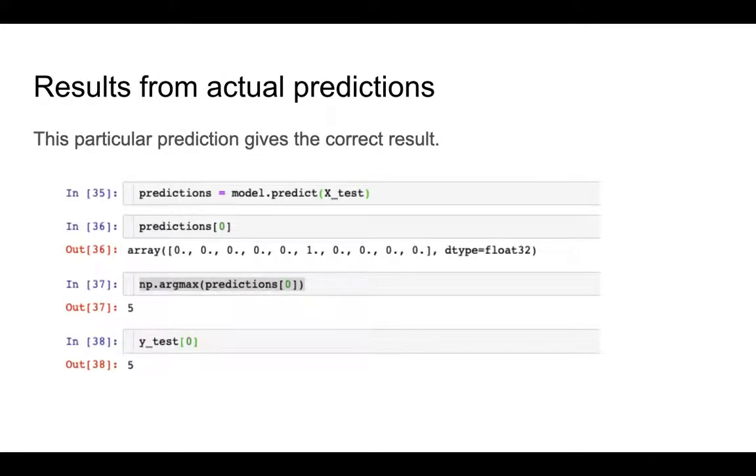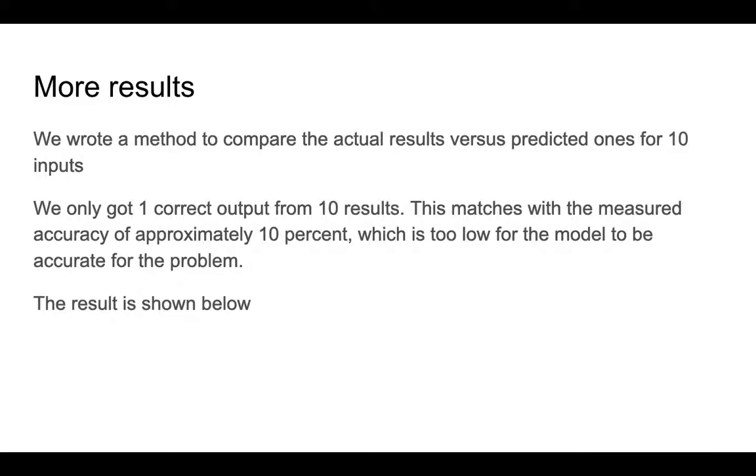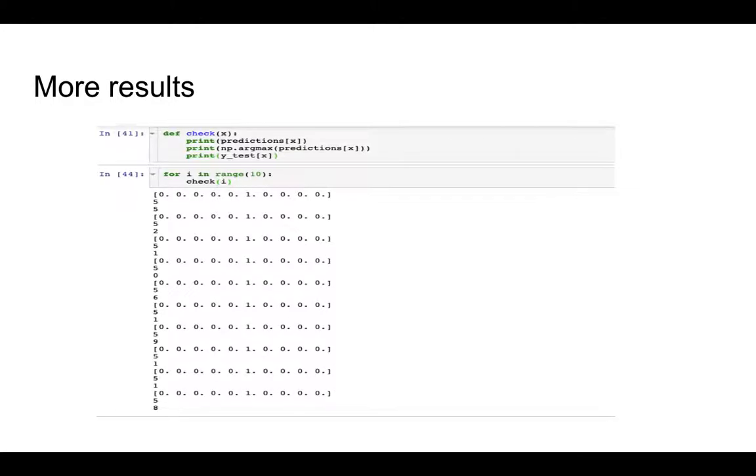Here, I just wanted to make a few predictions. Somehow the first image gets predicted correctly, but I tried to investigate it more and printed up to the first 10 images, and a quick look showed it only predicted just one image correctly out of 10.